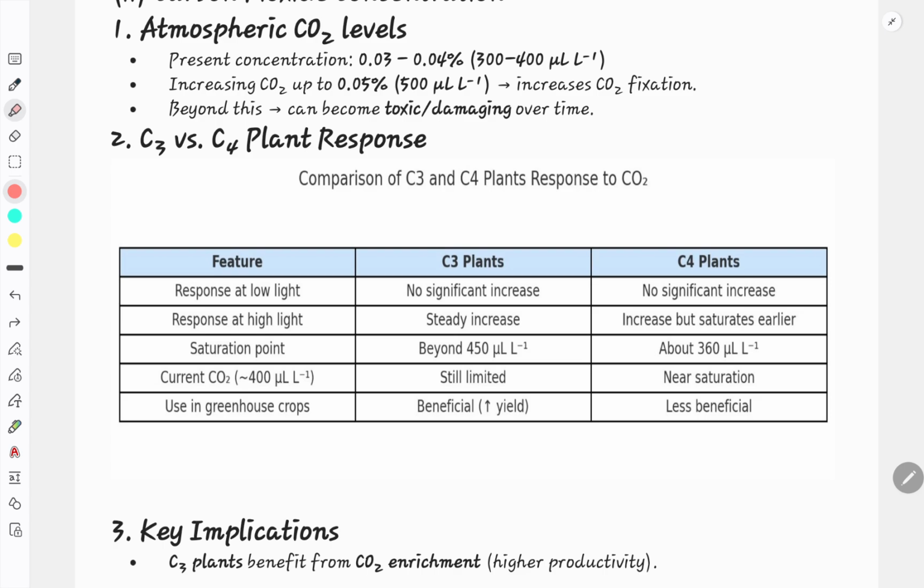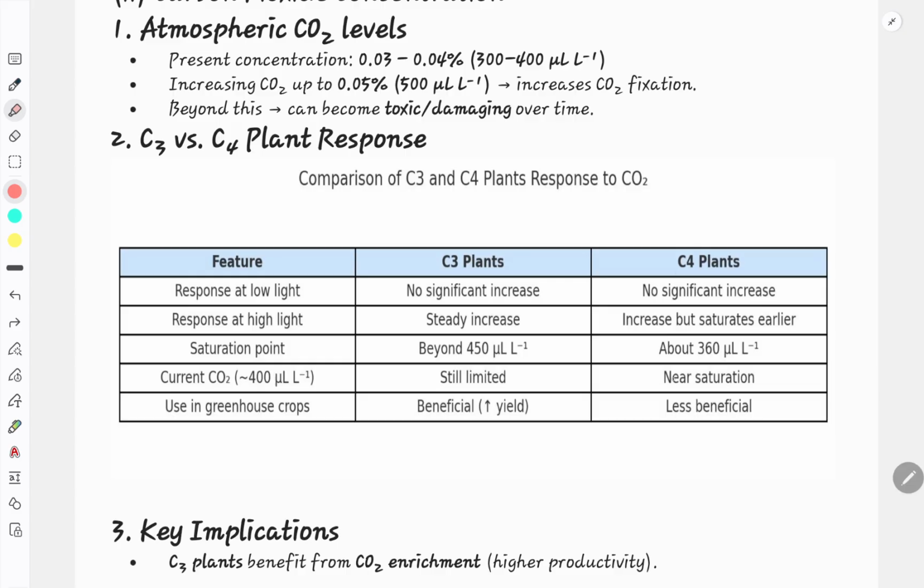Current CO2, 0.04%, is limiting for C3 plants, meaning they have the ability to increase their rate of photosynthesis if the amount of CO2 is increased in the atmosphere.